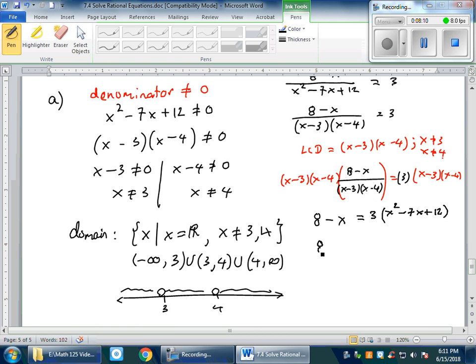Distributing the 3, that becomes 3x squared minus 21x plus 36. Solving this quadratic equation, first I add x to both sides. That gives me 20x. Then subtracting 8 from both sides, that becomes positive 28.